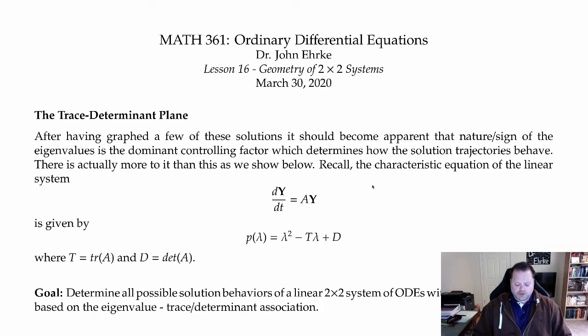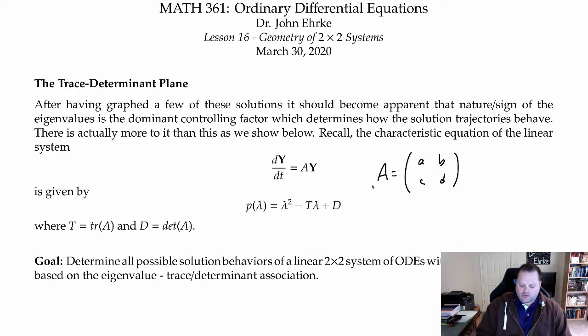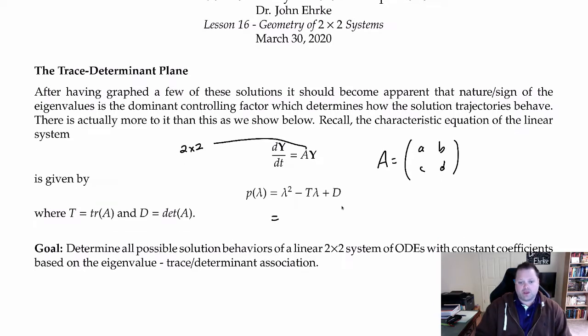Just recall that if we have a 2x2 linear system, in other words, if A is the matrix with entries a, b, c, d as its coefficient matrix, then we know that the characteristic equation is given to us by lambda squared minus the trace times lambda plus the determinant. This is only in the case where A is 2x2, so we're only dealing with 2x2 systems today.